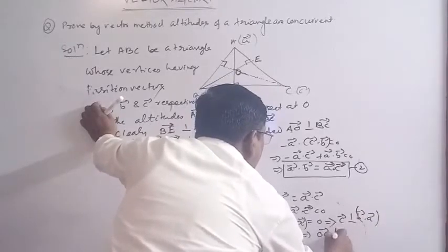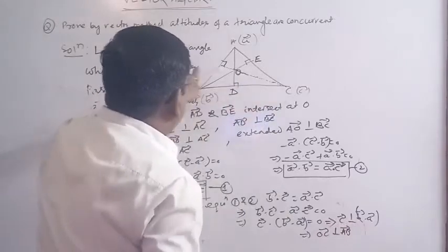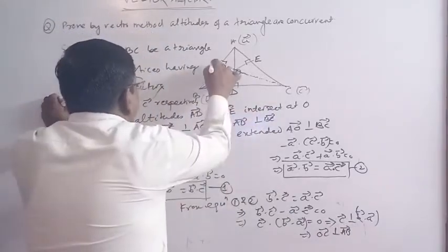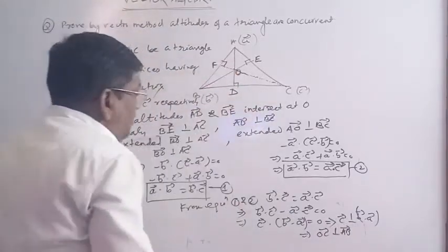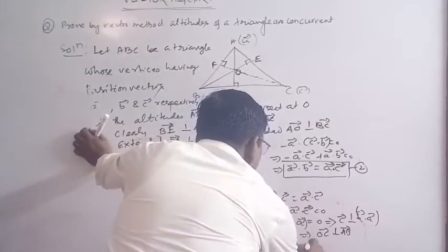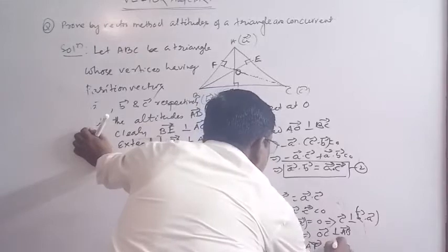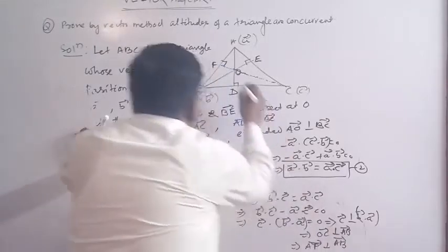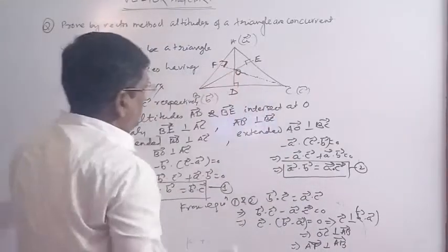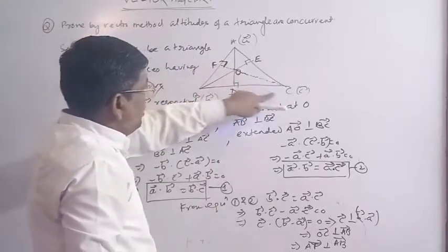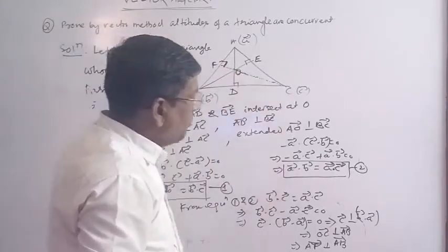That is the AB vector. If OC is perpendicular, suppose this is F, then CF is perpendicular to AB. Here we proved that FC is perpendicular to AB.